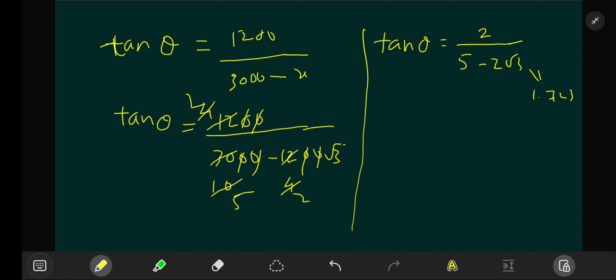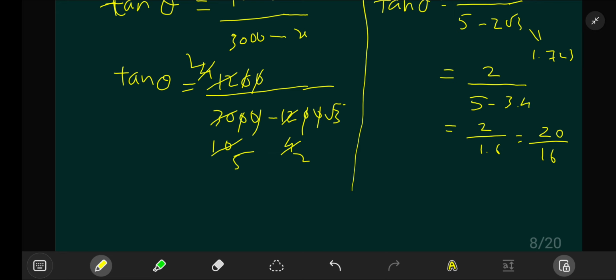Okay, so that answer is 2 by 5 minus 3.4. So that is equals to 2 by 1.6. 1.6, that is equals to 20 by 16.